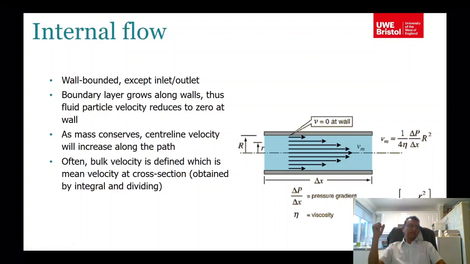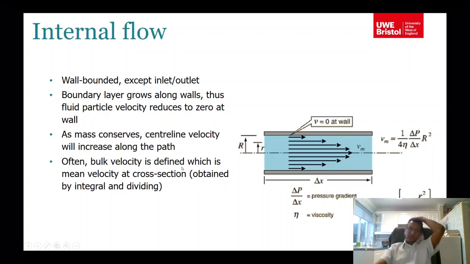The center line velocity increases along the path when you have a boundary layer. So if you had an average velocity of 1 meter per second here, usually it goes to 2 meters per second in the center, and here it becomes 0.